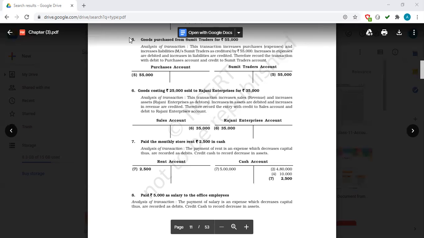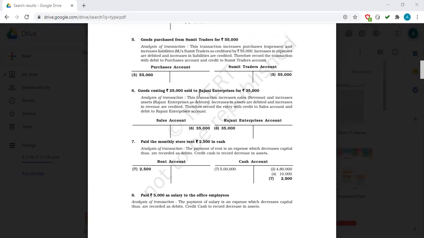Goods costing 25,000 sold to Rajni Enterprises for 35,000. See students, here the profit is also there. So when we sell goods to Rajni Enterprises, what happens?